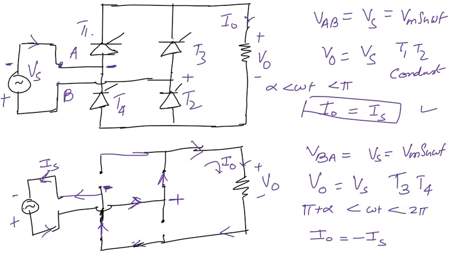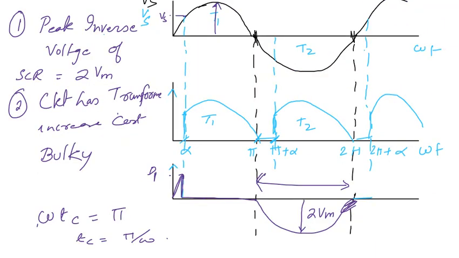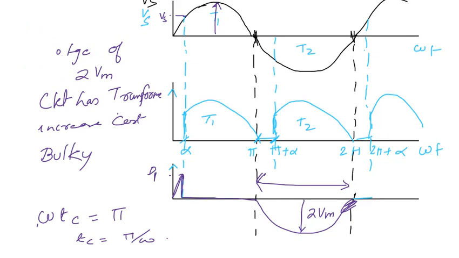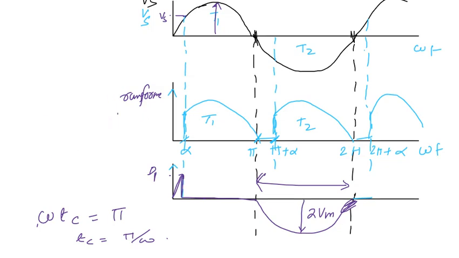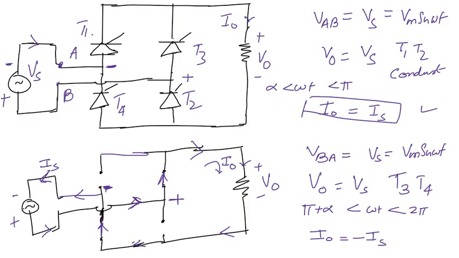Okay, we'll draw this waveform also, and check the supply current. So next, let us see the difference between the waveforms. One more thing is what happens with the peak inverse voltage.